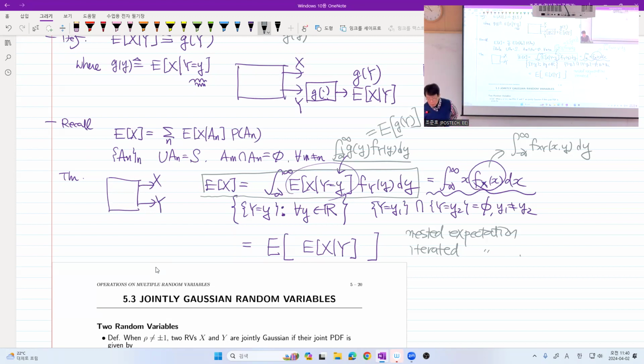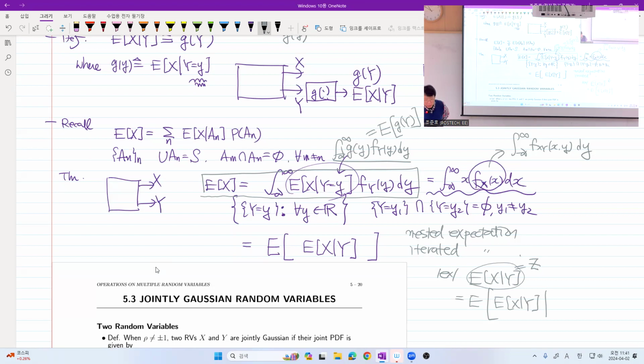For example, I may give you something like this. Given three random variables X, Y, and Z, rewrite this one using the conditional expectation of something given something. See that? This can always be rewritten as what? Given something, right? Because this is a random variable. Let's say this is just Z. Got it?